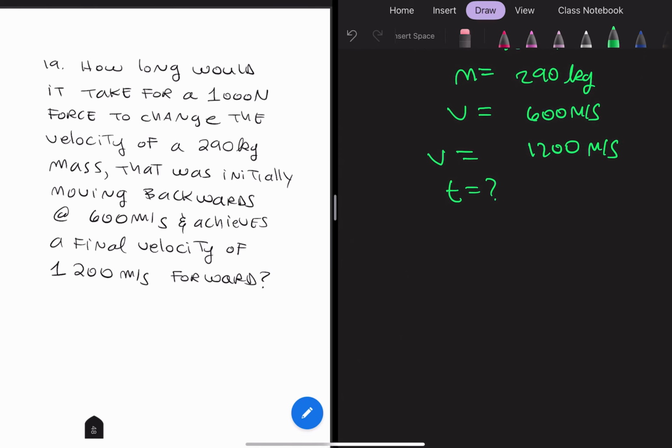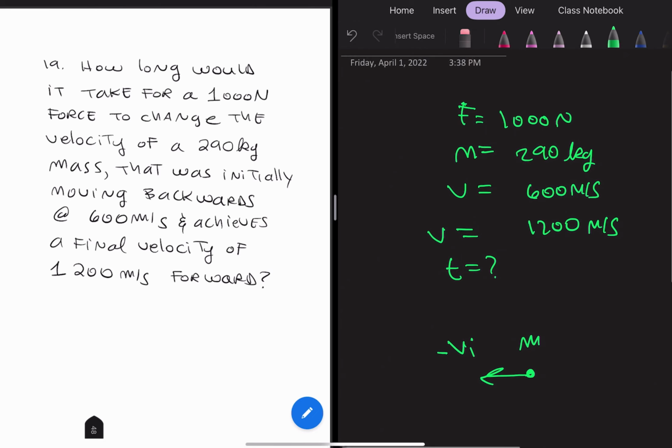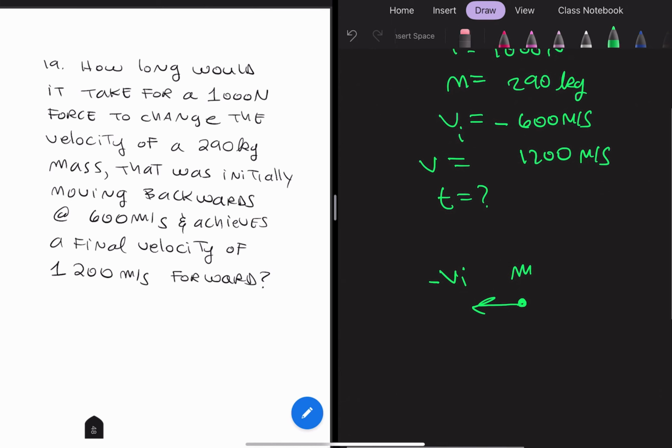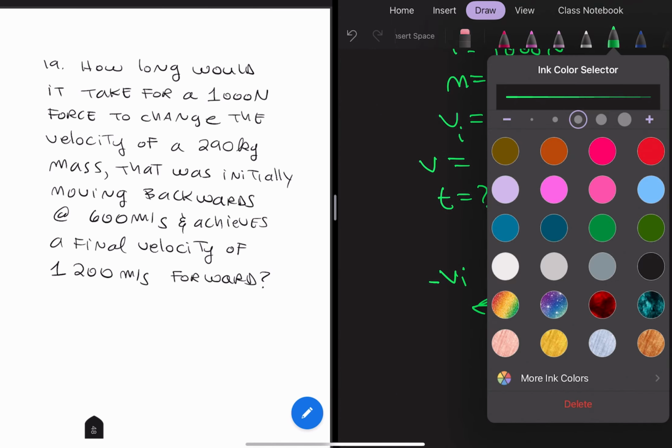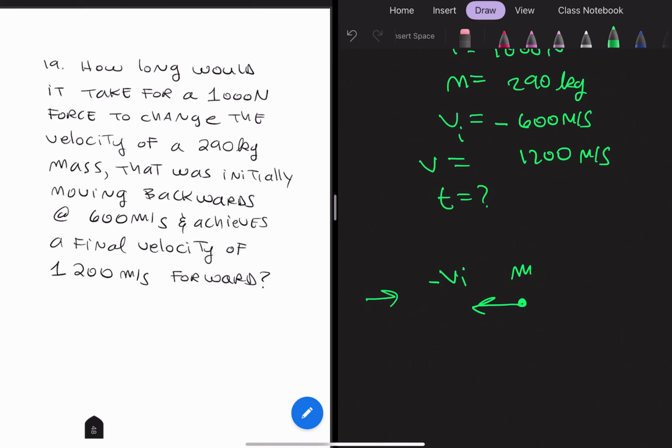So you have a mass m. It's initially moving backwards with the velocity v initial, so backwards is negative. So that is going to correspond to the 600. So 600 is actually negative, so v initial is negative. And then a force is applied.